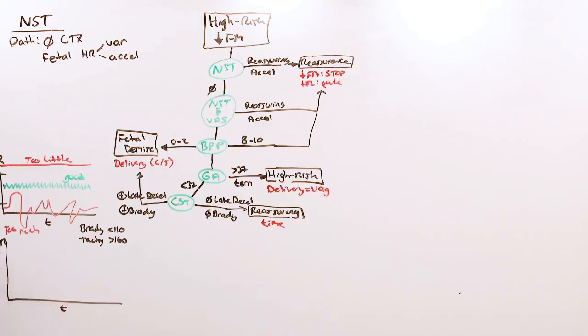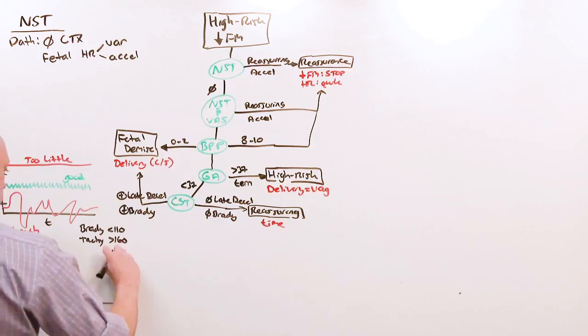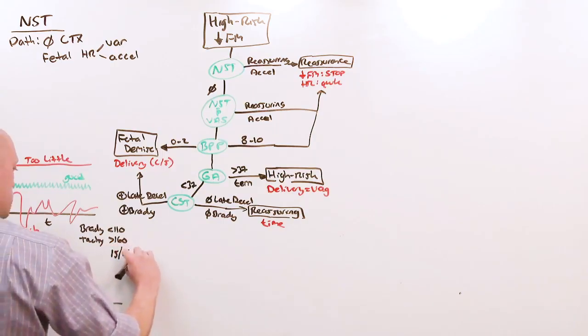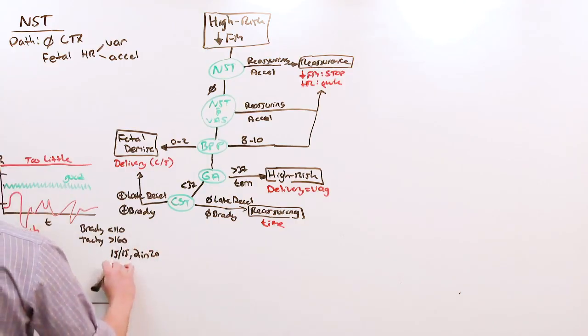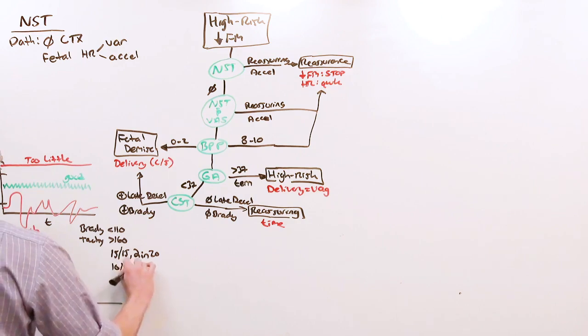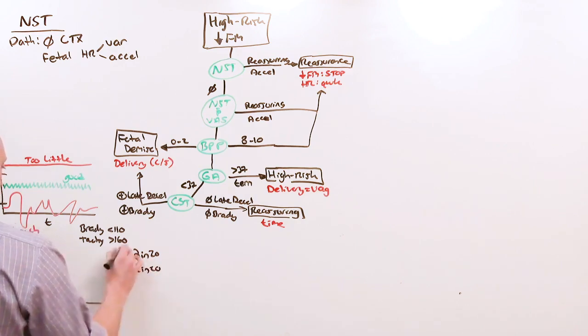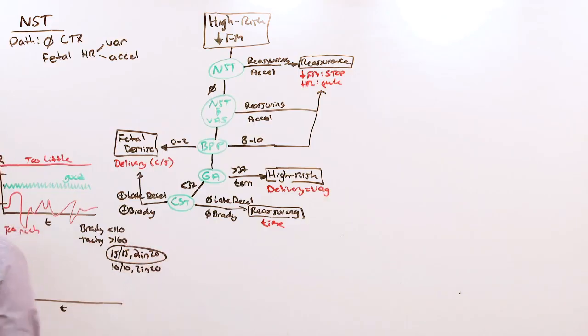And accelerations are going to be increases in the heart rate that is sustained for a certain amount of time in a certain window. What I want you to remember is 15-15, 2 in 20. If you have a very young fetus, it might be 10-10, 2 in 20. But what I want you to remember is 15-15, 2 in 20. What does that mean?